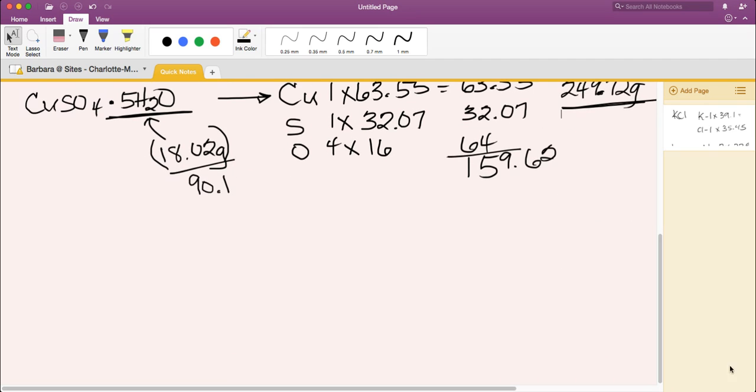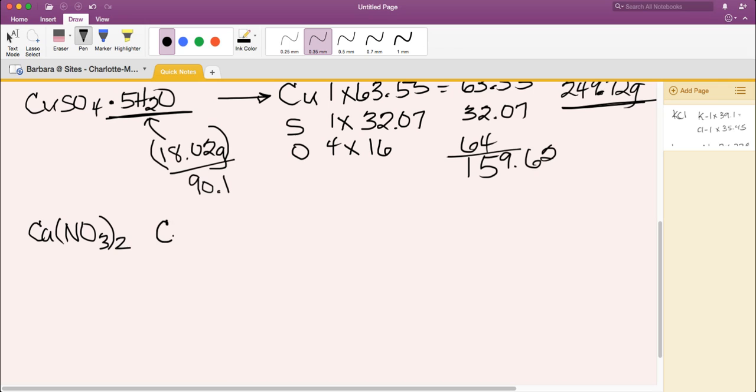And so I want to do one more example. Now we're going to look at a compound that has parentheses as part of the formula. So let's take a look at calcium nitrate. We're going to be looking at number 4, calcium nitrate. This works the same as all the others, but just make sure you don't allow the parentheses to throw you off.